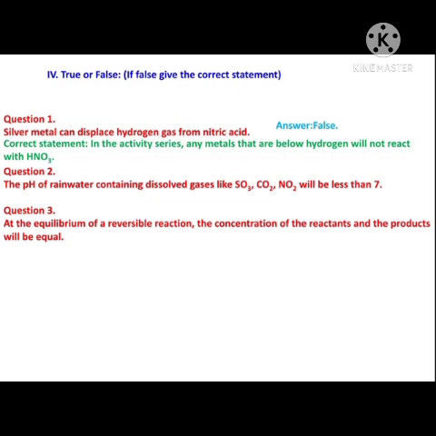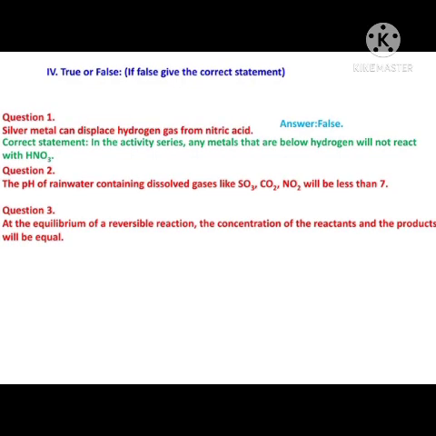Second question, the pH of rainwater containing dissolved gases like SO3, CO2, NO2 will be less than 7. Yes, that statement is true, because SO3 present in rainwater reacts with water to form sulfuric acid, that is an acid. Carbon dioxide reacts with rainwater to form carbonic acid, that is also an acid.